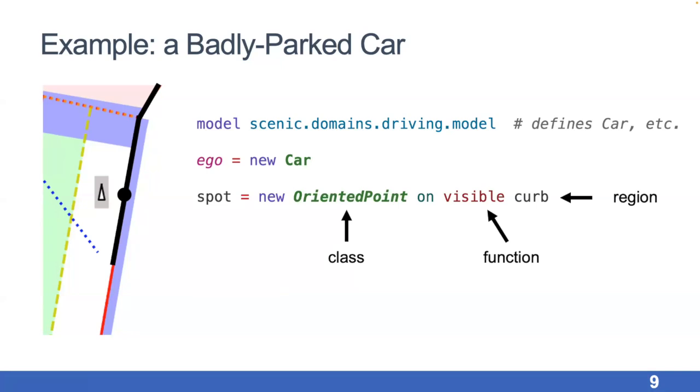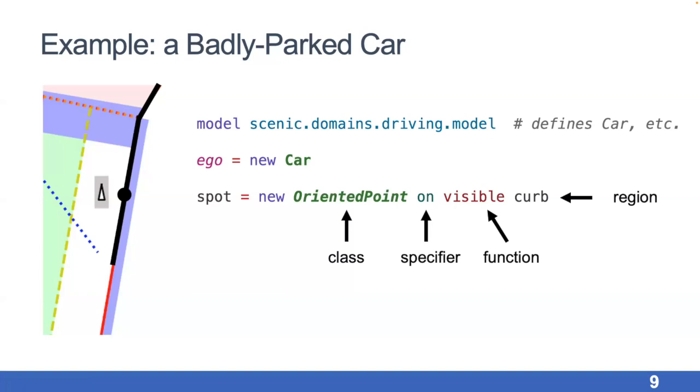And the way we're creating this oriented point is using this on syntax. This is an instance of what's called a specifier in SCENIC. We'll see in the tutorial, the hands-on part, there are a lot of different specifiers that SCENIC provides, which correspond to different natural language ways of specifying the position or orientation of an object.